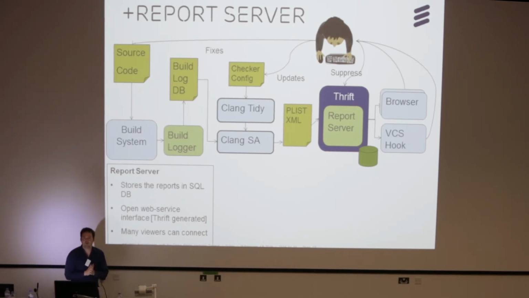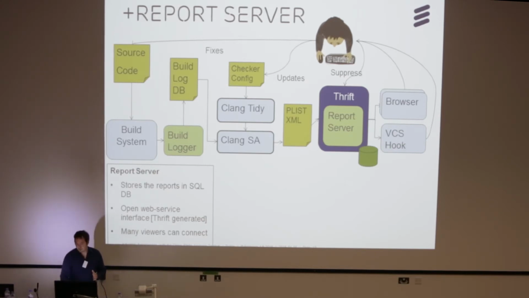How many of you know what Thrift is? Some people. Okay, we created the report server interface in Thrift. Thrift is an interface description language originally defined by Facebook, and it allows you to define an interface from which you can generate stubs into many languages, like Python, C, C++, Java.